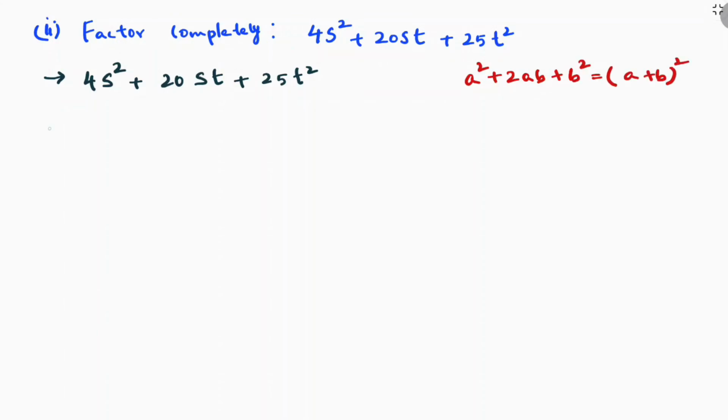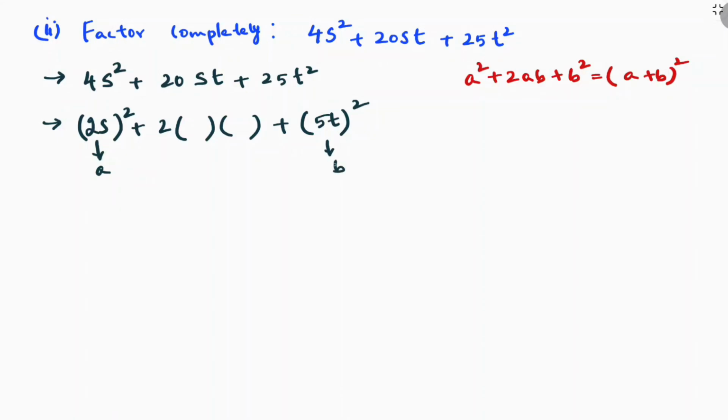So now I'll first write the empty a square, because we need to check whether 2ab will fit 20st or not, plus b square. Here 2s and here 5t. This will be a, this will be b. So here 2s, 5t.